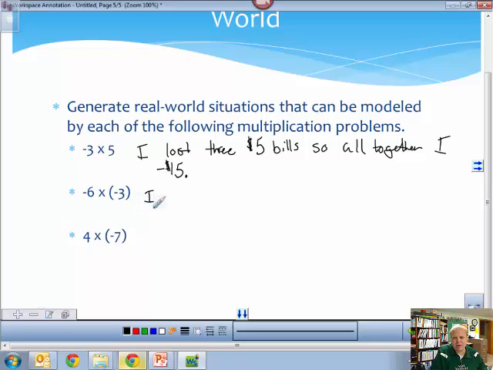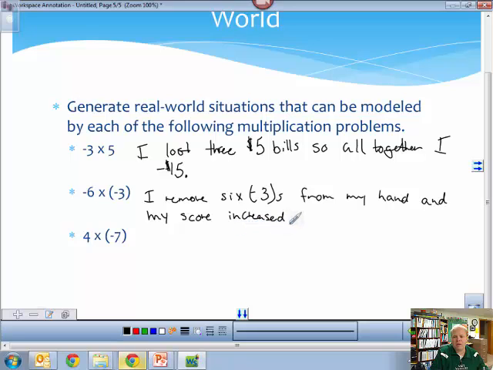So I remove 6 negative 3s from my hand, and because of that, my score increased by a positive 18.